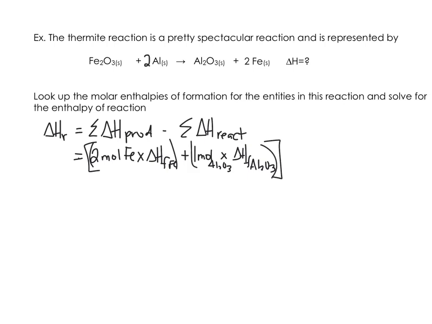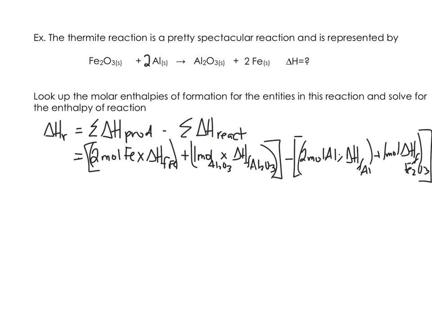So there's the sum of our products. From that we're going to subtract the sum of the enthalpies of our reactants. So we've got 2 moles of aluminum times the molar enthalpy of formation of aluminum plus 1 mole times the molar enthalpy of formation of iron 3 oxide.